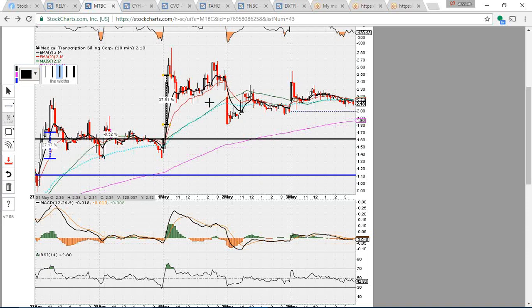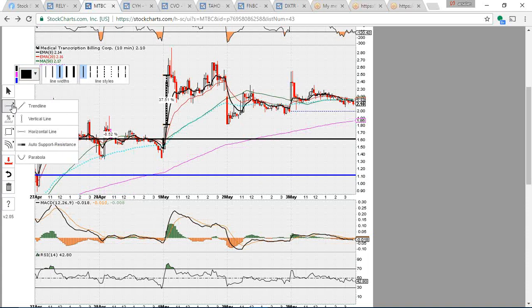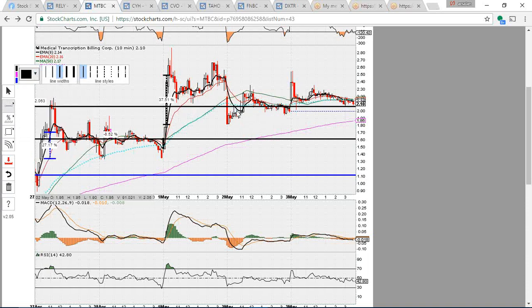Day 4 was really interesting, and this is why our method of using the first 10 minutes as your resistance really pays off. We draw the line right over here, which is at around $2.20. It's a red candle, and throughout the day, the stock never clears that line.